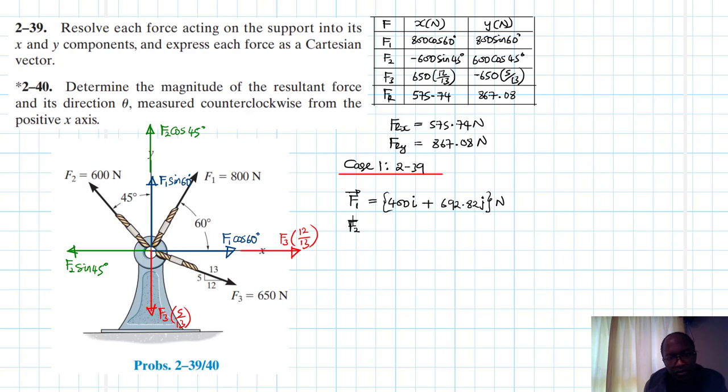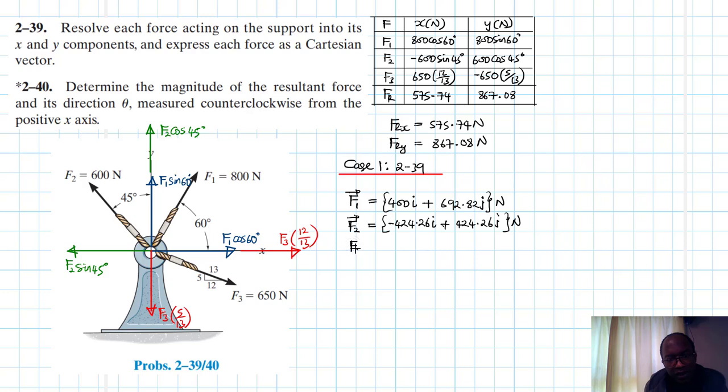Then we have F2. It's a minus 600 sine 45, which gives us a minus 424.26 i plus a positive 424.26 j newtons.